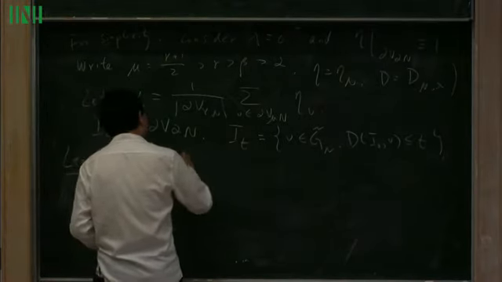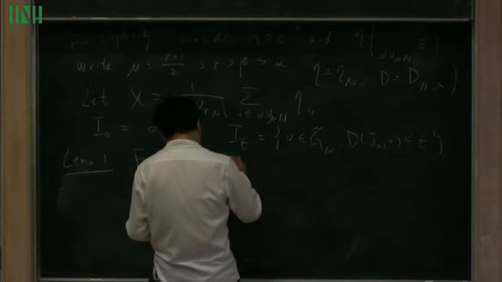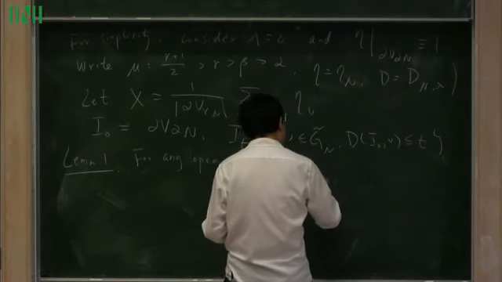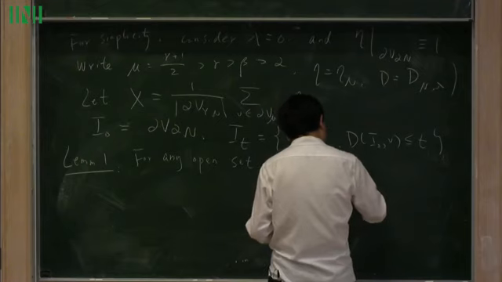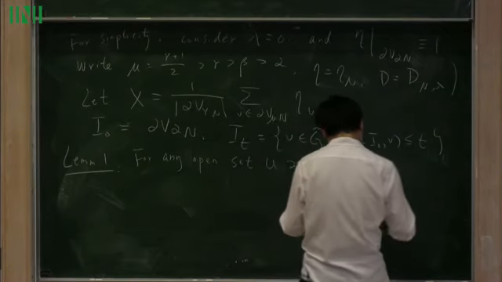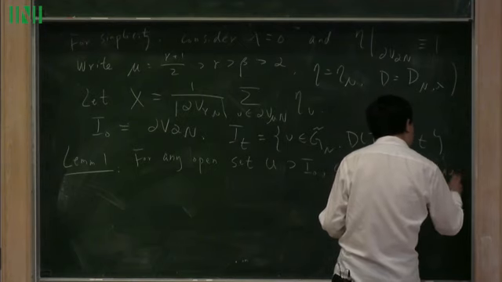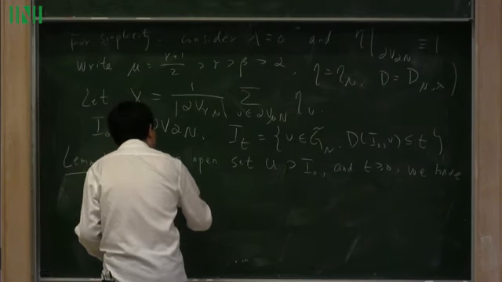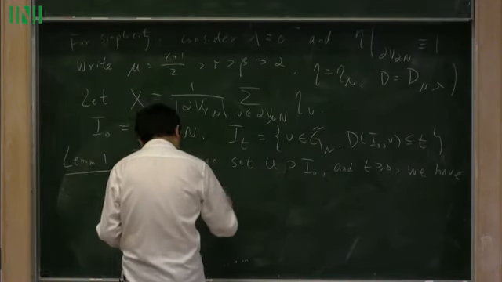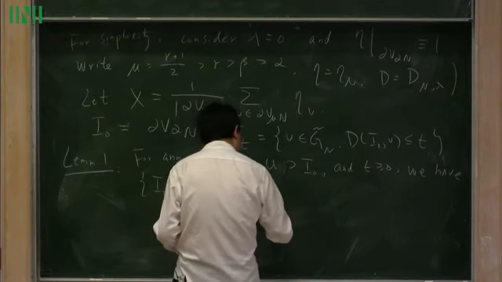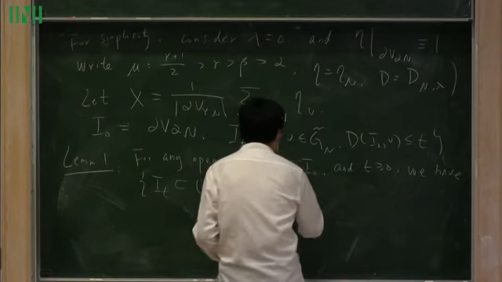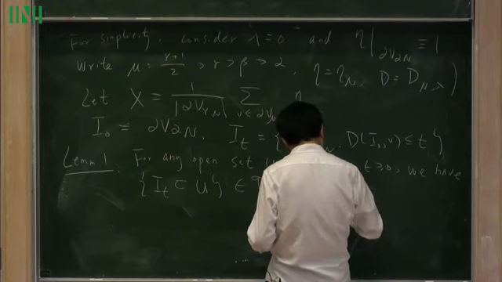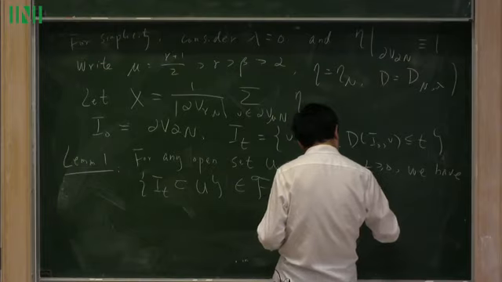For any open set U that contains I0 and t non-negative, whether I_t is contained in U or not is measurable with respect to F_U, where F_U is the sigma field generated by all the etas in U.